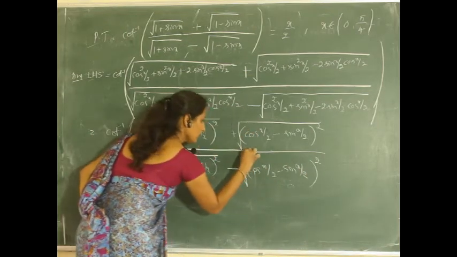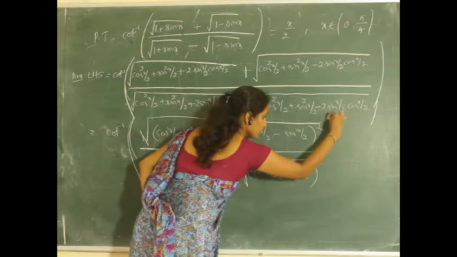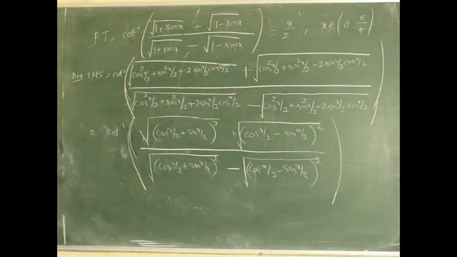That is the a plus b whole square and a minus b whole square formula.